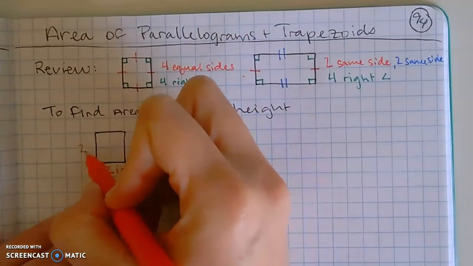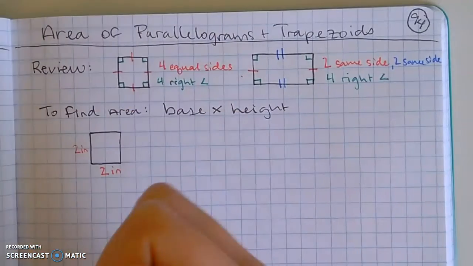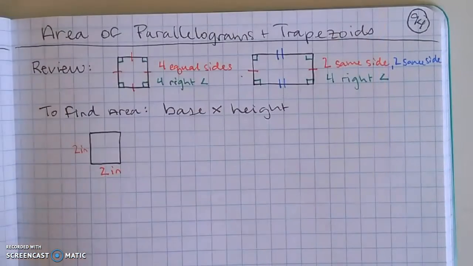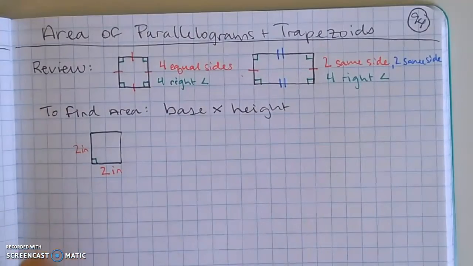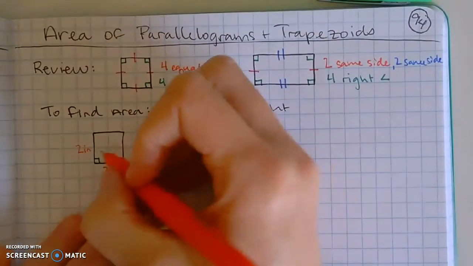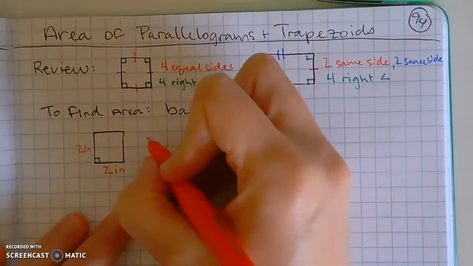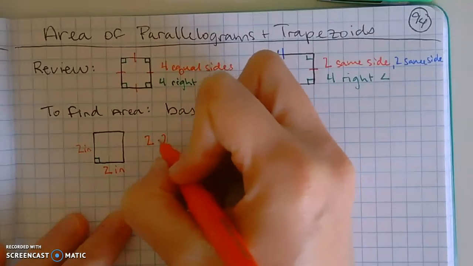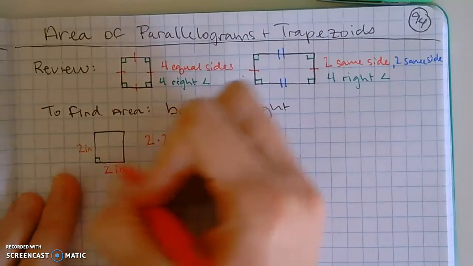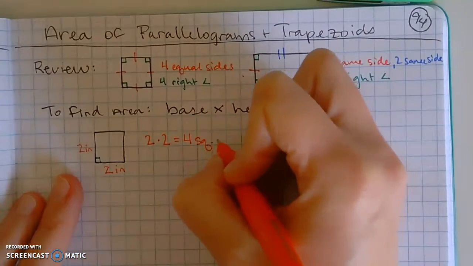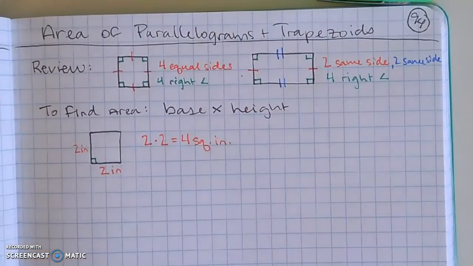And because I know that this is a right angle, I can just count up those squares. I can count them 1, 2, 3, 4, or I can multiply. 2 times 2 equals 4. And I need to remember that this is a square, so I'm going to do square inches.